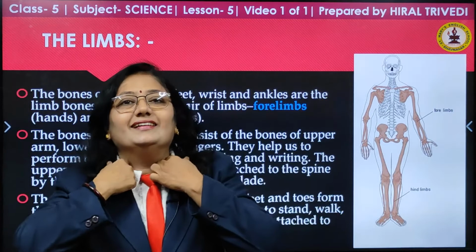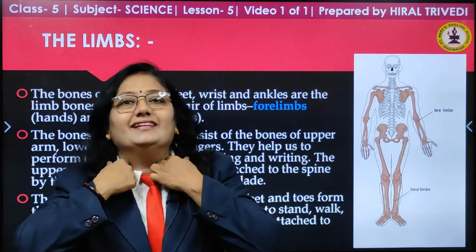Muscles can be divided into two groups. As we saw the joints, movable and immovable, in the same way there are voluntary muscles and involuntary muscles. Voluntary muscles are those whose movements we can control. If you want to hold something, it is in our hand.